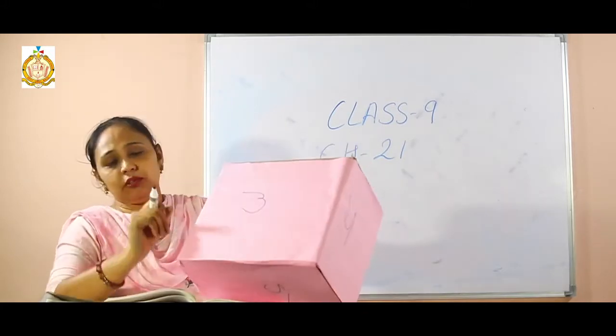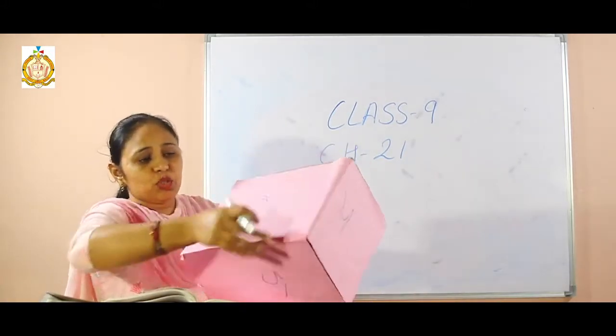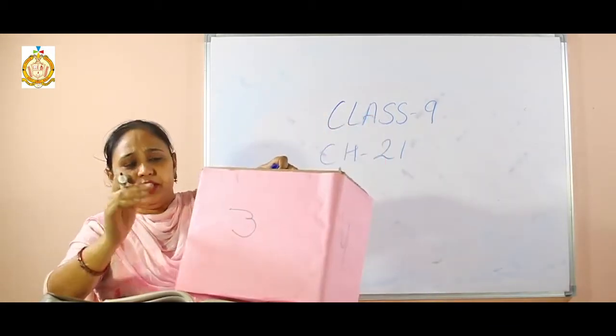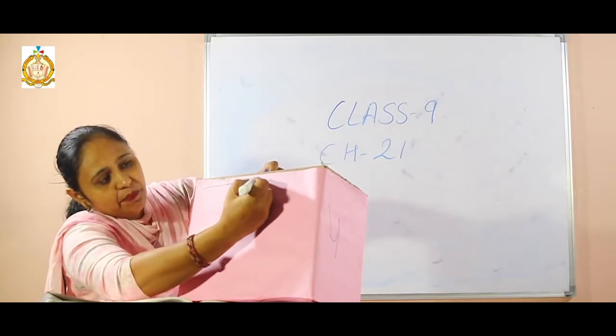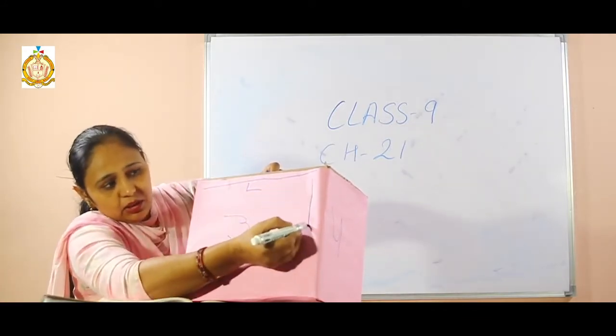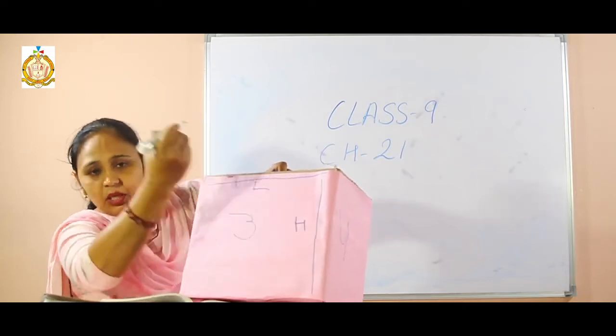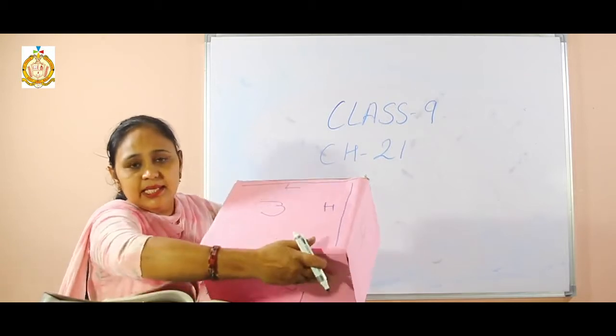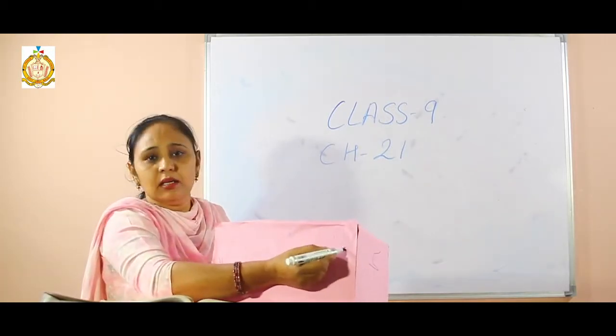Now how do we prepare the formula? See, suppose I take this one. If this is the length, then this becomes the height. Breadth is something else, and that is this one. I take it as the breadth.